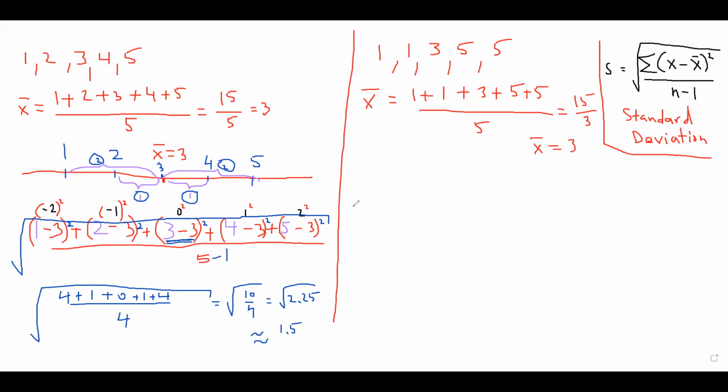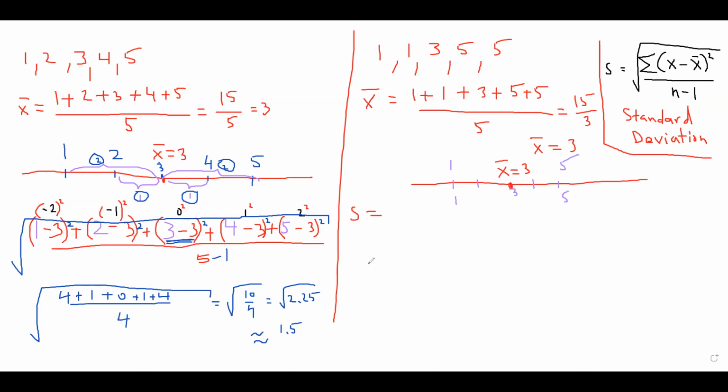And then to get the standard deviation, it'll be pretty much the same thing because my sample mean is in the center, right? 3. Now look at the sample elements. They are at a distance of 2, right? Because there are two 1s and there are two 5s besides the 3 in the middle.